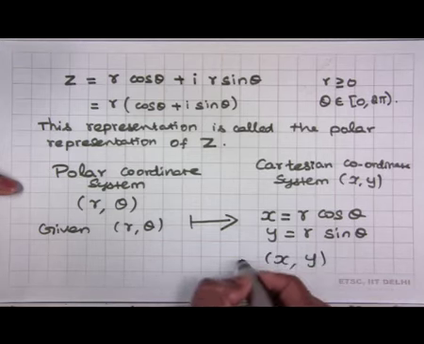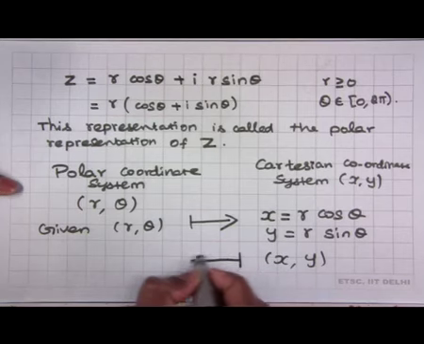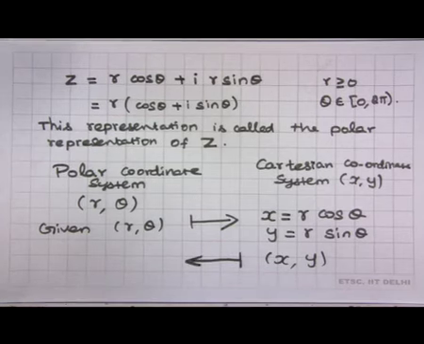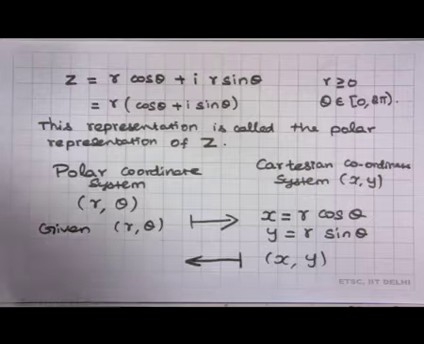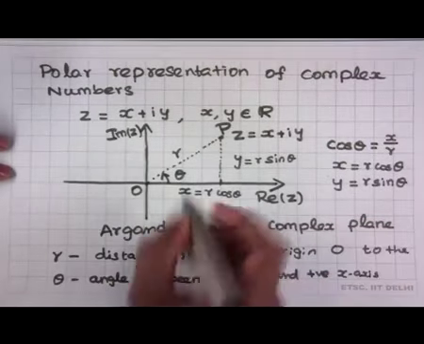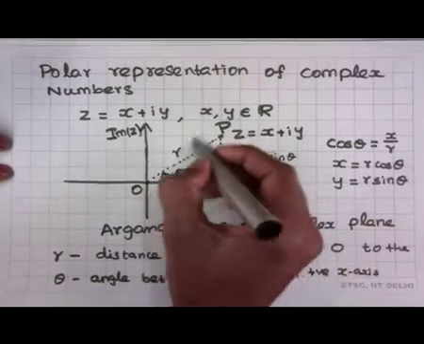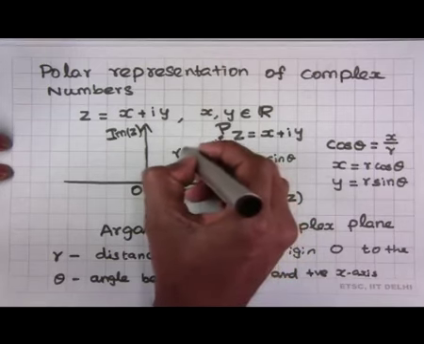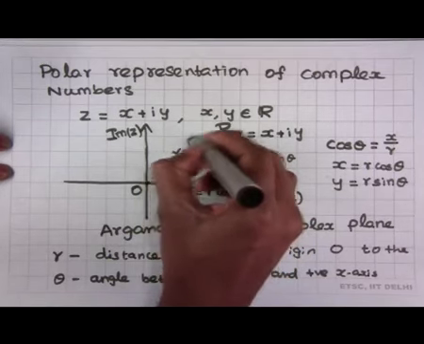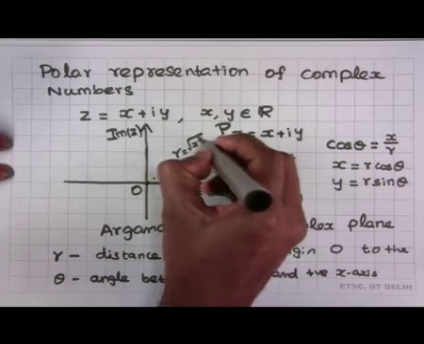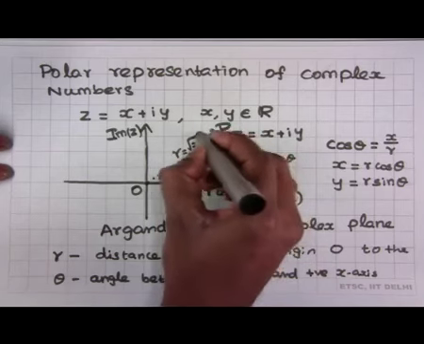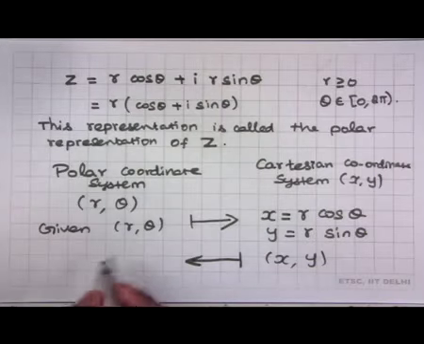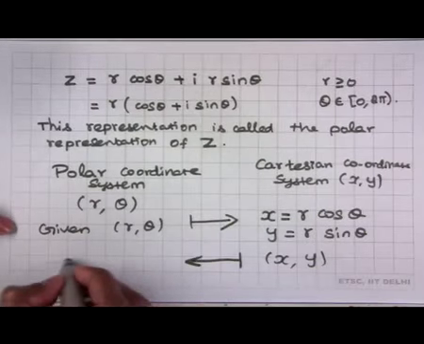Now the question is, how do we get r and theta? We can again go back to this picture. By Pythagoras theorem, we immediately realize r is nothing but the square root of x square plus y square. So given x, y, the distance from the origin is straightforward.